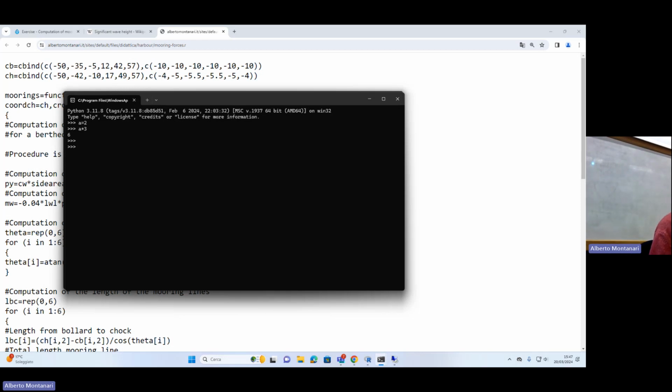The code must be such that when you reopen Python, you execute the code again. So if you define a variable like A equal 2, you have to redefine it, which is not a problem if you have a code, okay?